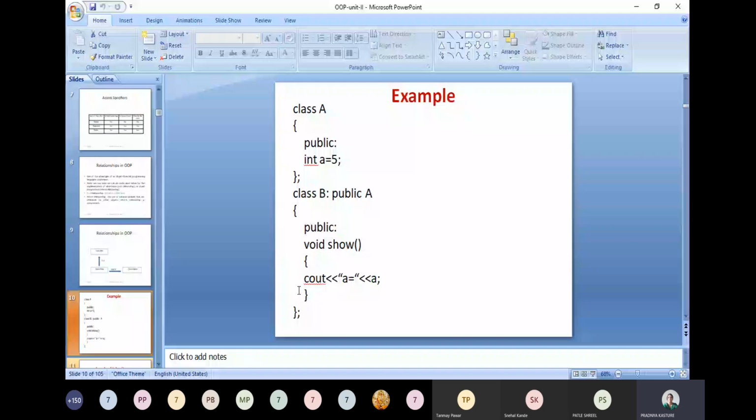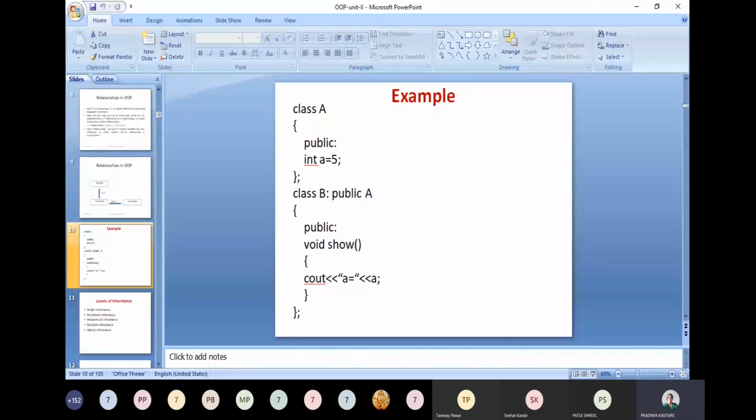Now a cout statement is there, which shows the value of a. Okay, so when will it work? When you write an object for the derived class, you can call the method show.